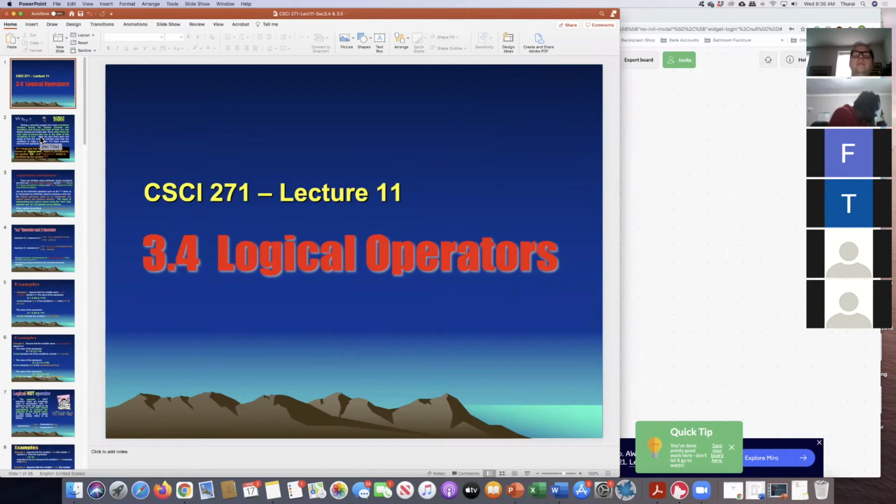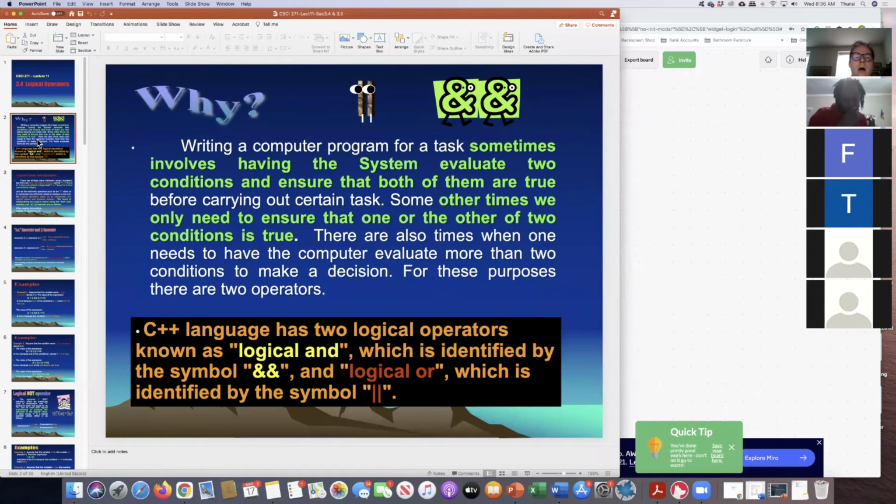We need to use logical operators to combine them. Sometimes we need to combine more than one condition in an if statement. We need to tell the system, I want you to check this and this and this. If all of them are true, then do something. Otherwise, do something else.